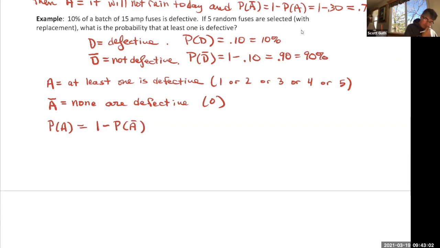So for none to be defective, that means all 5 fuses are going to test not defective, which means the first one is going to be D complement, not defective. And the second one, D complement. There are 5 fuses and none of them are testing defective.